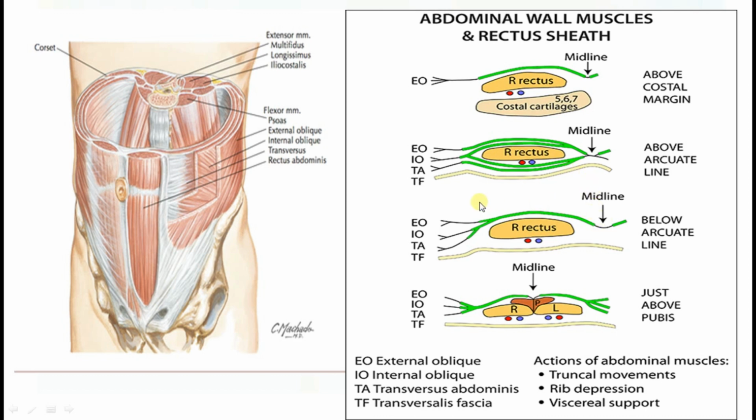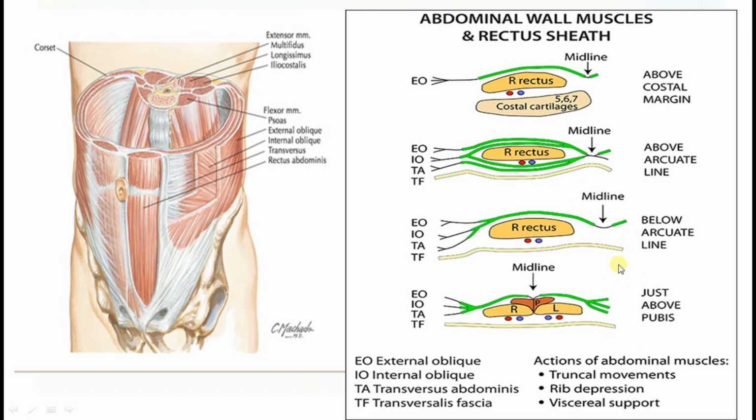Now below the arcuate line, you are able to see all the aponeuroses have come anteriorly and the anterior wall is very thick: aponeurosis of external oblique, both lamellae of the internal oblique and also the transverse abdominis. The posterior wall, or the rectus abdominis muscle, lies only on the transversalis fascia. Only 3 layers. The 4th section is given just above the pubis, because the composition of the wall is the same as below the arcuate line.